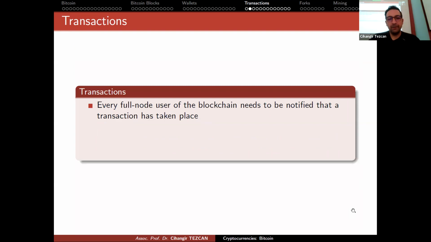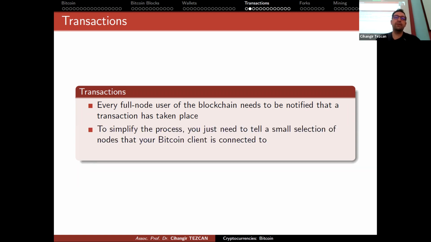So whenever you announce the transaction, we said that all full nodes transfer it to other nodes. So every full node user of the blockchain needs to be notified that a transaction has taken place. To simplify the process, you just need to tell a small selection of nodes that your Bitcoin client is connected to. And actually, if you use Bitcoin Core, you can just click some buttons and see which IP addresses you are connected to, okay?